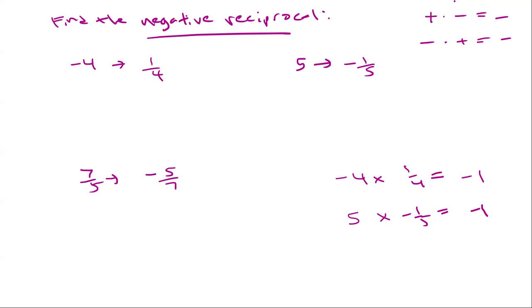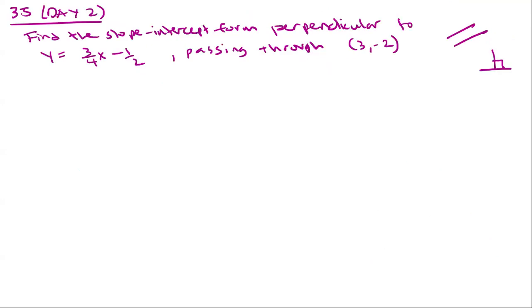All right, and then if I have 7/5 and multiply it by -5/7, that also gives me -1, right? So for two slopes to be perpendicular to each other, that means the angle forms 90 degrees. Well, the product of those two slopes has to be -1 in order to be perpendicular to each other.